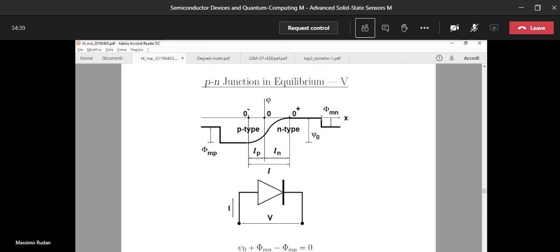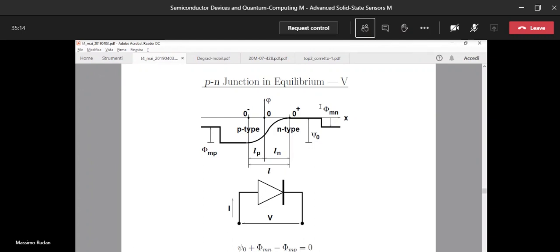At some point you reach the position of the metal contact. You have a discontinuity of the electric potential that in this case is taken negative, so that when you go from the semiconductor into the metal, the change of the electric potential goes from 0 to some minus some constant that is indicated here with phi mn.